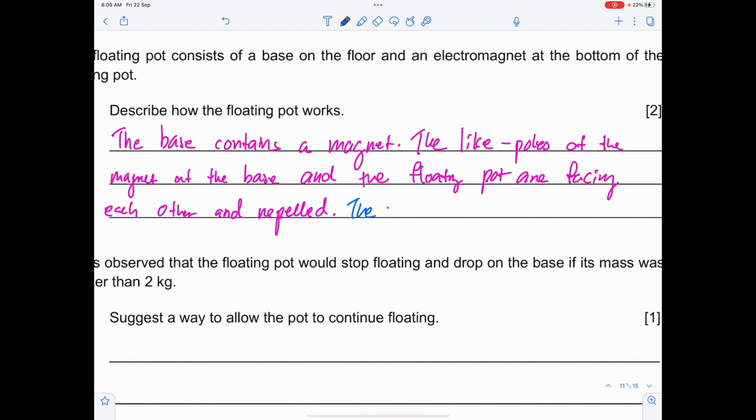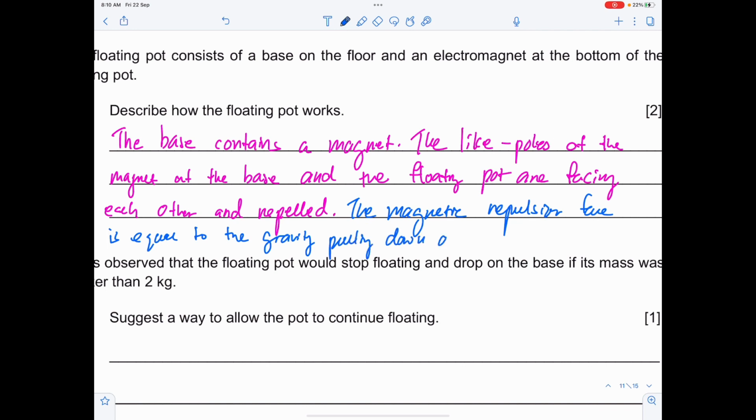The magnetic repulsion force is equal to the gravity pulling down on the pot. Hence the pot floats.